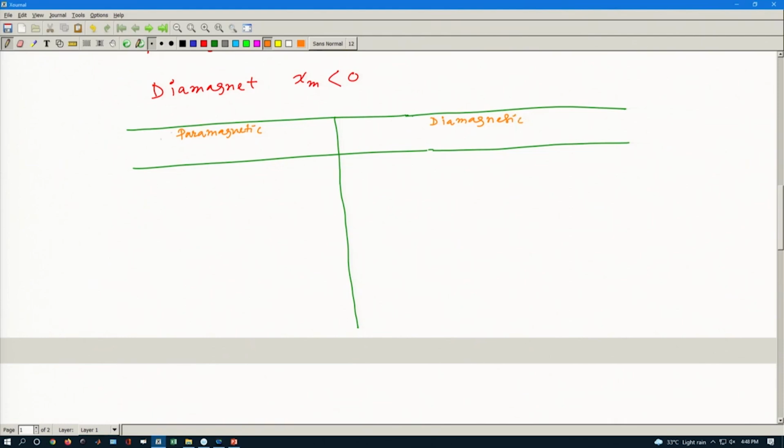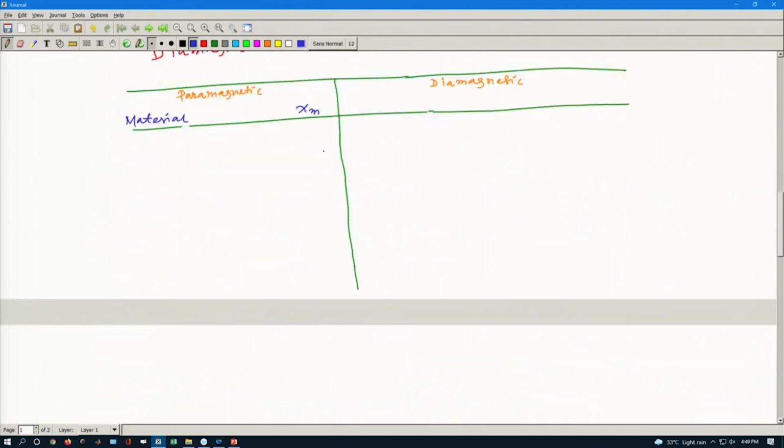I have two columns here: one is the material, and the corresponding chi m value, or the magnetic susceptibility value.